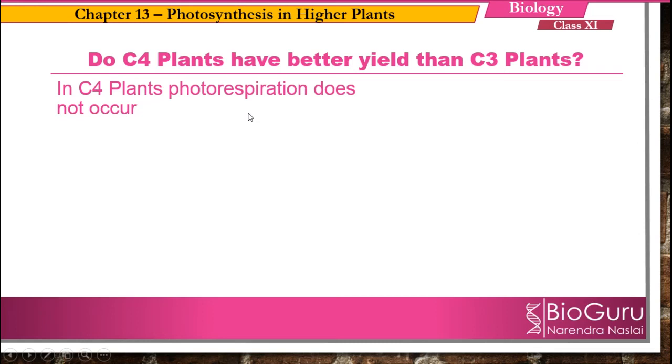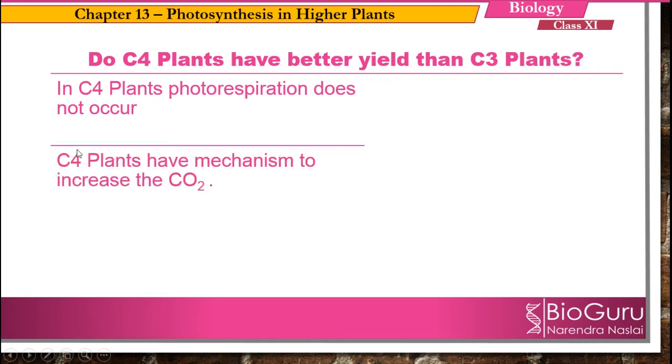Because of that, C4 plants have better yield than C3 plants. Why does this happen? C4 plants have a mechanism to increase the carbon dioxide at the active site of Rubisco.